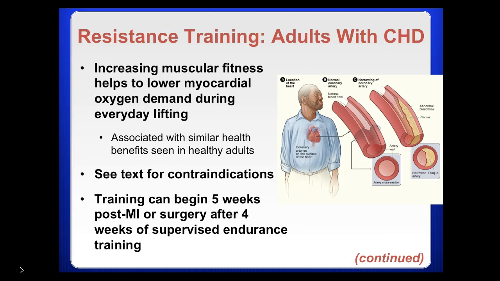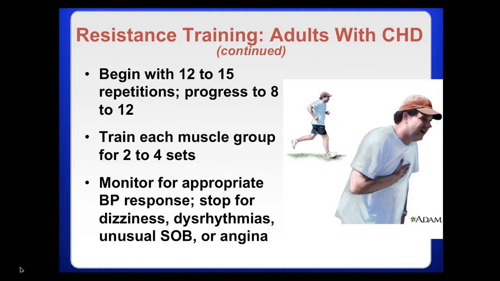You could see your text for contraindications, and they can start their resistance training beginning at 5 weeks post myocardial infarction or heart attack, or after their surgery, after 4 weeks of supervised endurance training. They can begin with 12 to 15 repetitions and progress to 8 to 12.